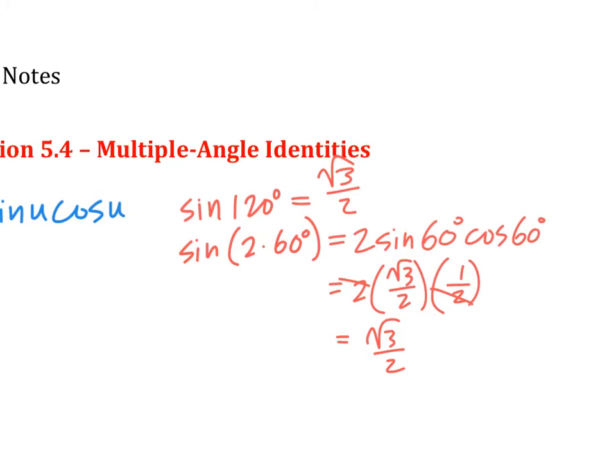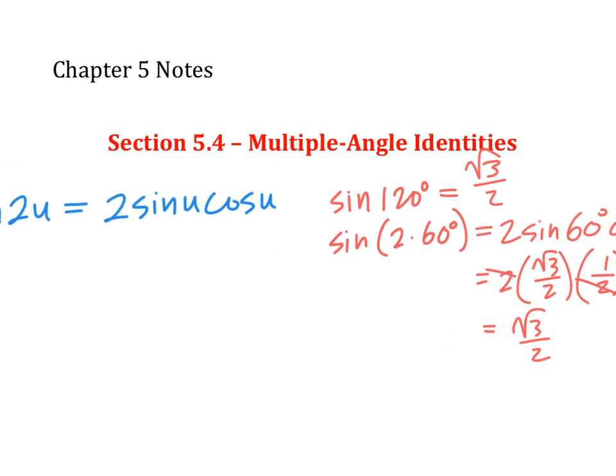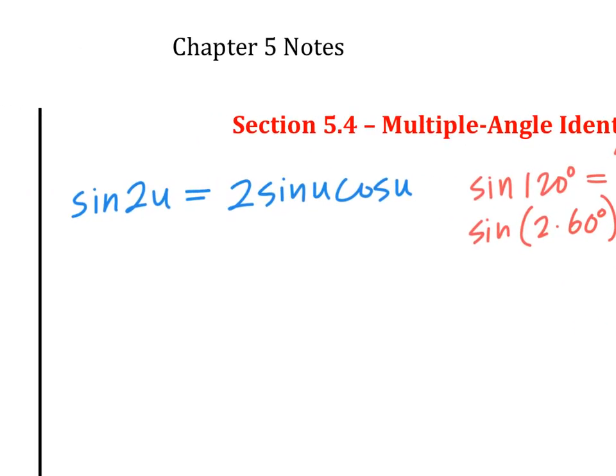Okay. Let's say on the formula quiz, you totally forgot what the double angle formula is. Then what you can do is derive it from the sum and difference formula.